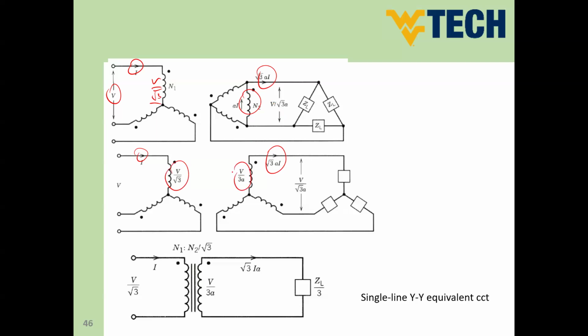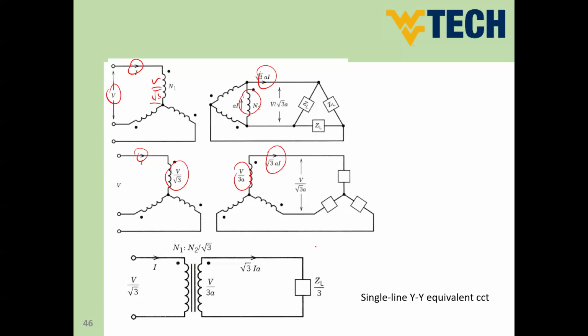So this is the Y, and by the end, the line to line is going to be the same as the line to line here. So in order to avoid this confusion, guys, I urge all of you to convert the circuit into single phase, solve the question as single phase, and then convert by the end to three phase.